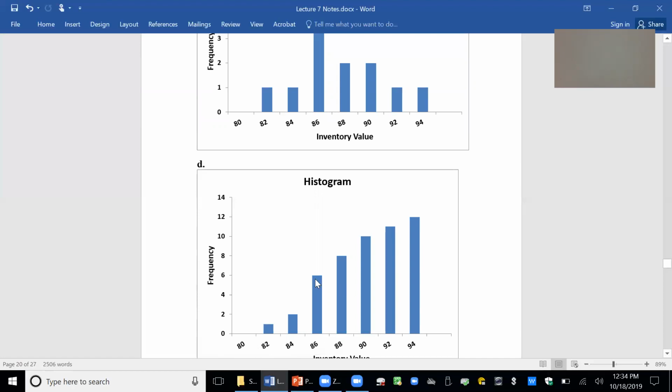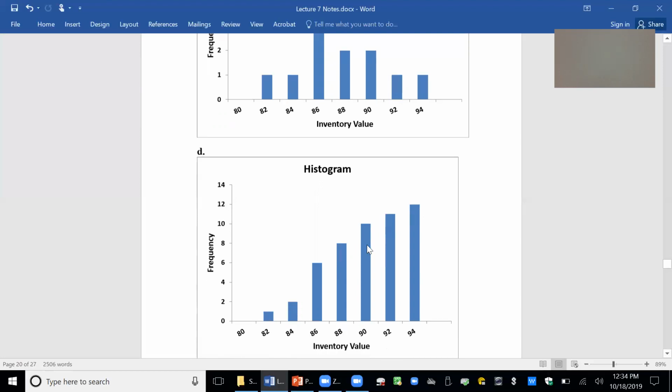There are 6 that are greater than or equal to 80 but less than 86, or 88 here, I've lost count. And this is called the cumulative distribution or cumulative histogram. And this kind of curve that's like a stretched out S is referred to as an ogive curve. So a stretched out S curve is called an ogive curve.